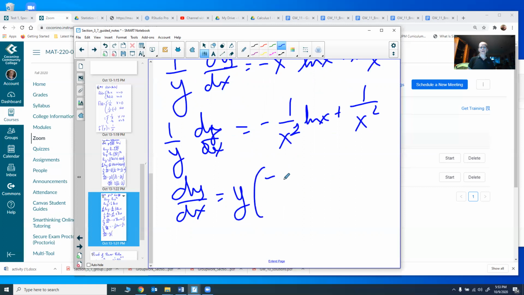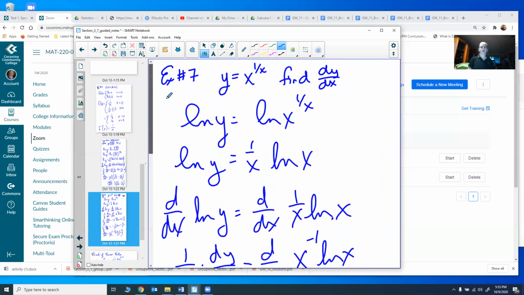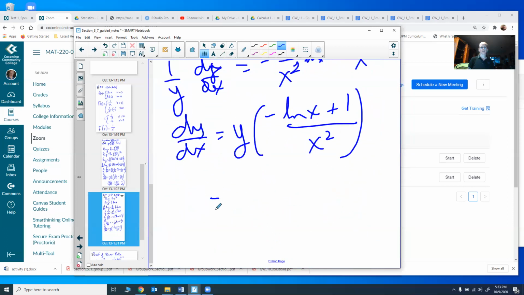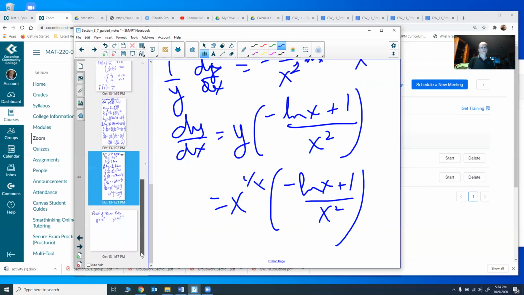And then we have negative natural log of x plus 1 over x squared. But I don't want this y here. What was y equal to? So go back up to the top, y was equal to x to the 1 over x. So we replace that, so we have x to the 1 over x times negative natural log of x plus 1 over x squared. And that's the only way to do that derivative.